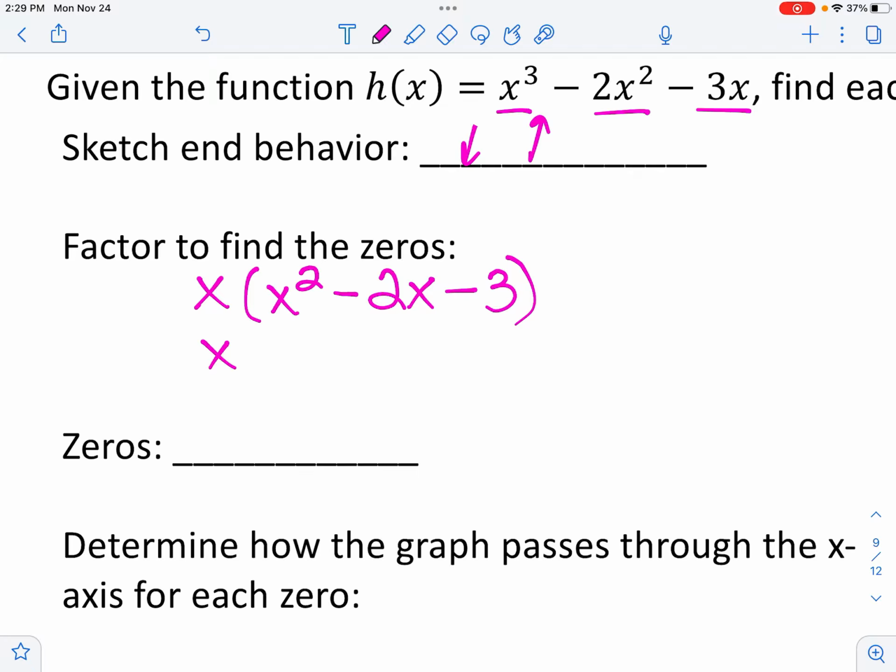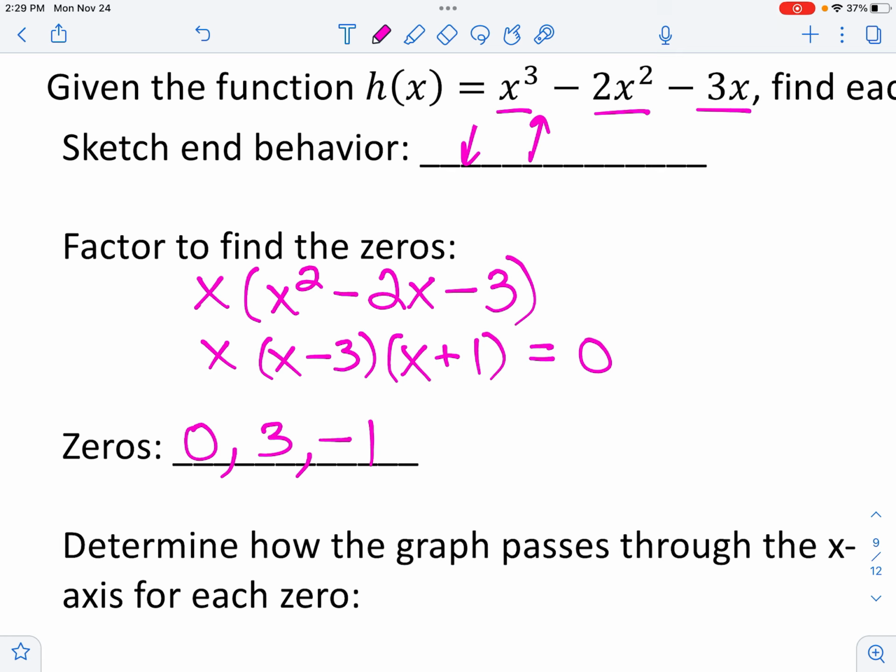So I wanna say, what are two numbers that multiply to be -3, but add up to be -2? That would be -3, +1. Okay, so now if I set this equal to 0, right, I know what my zeros would be. They would be 0, 3, excuse me, and -1.